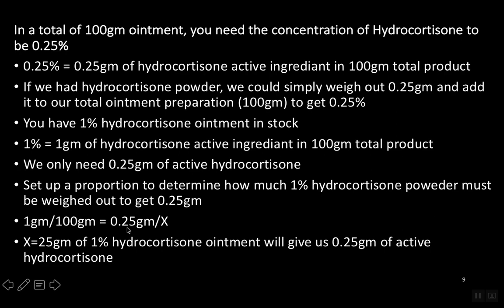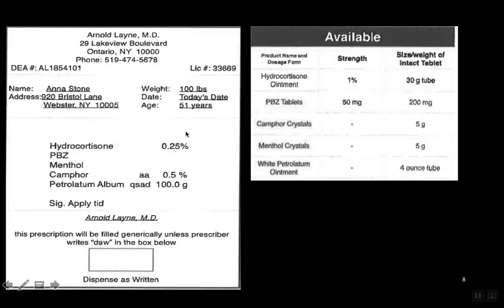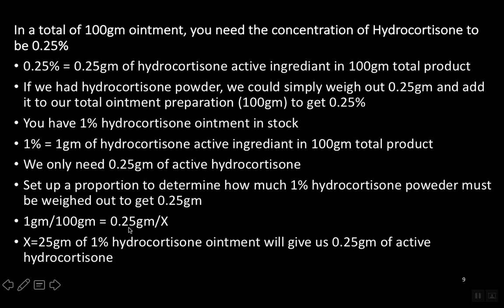When I looked at my prescription, it said I need 0.25% hydrocortisone. In other words, I need 0.25 grams in a total of 100, and I'm making 100. So I need 0.25 grams of hydrocortisone, which is your active ingredient. But you don't know what total amount of 1% hydrocortisone is going to have this 0.25 grams.